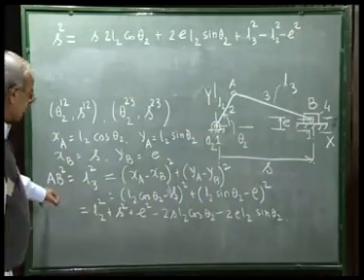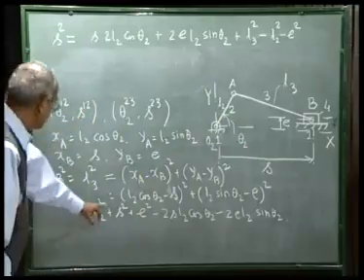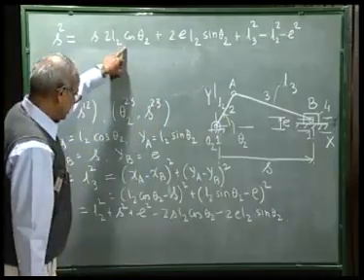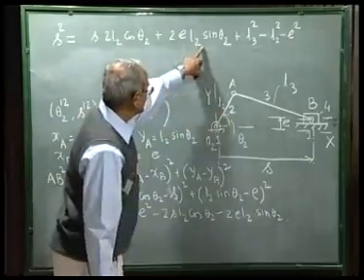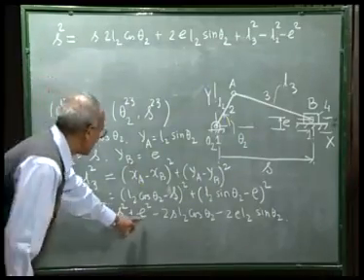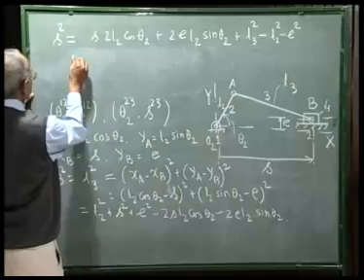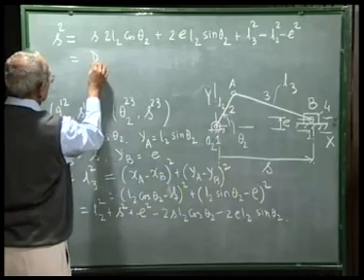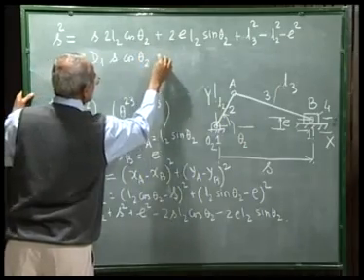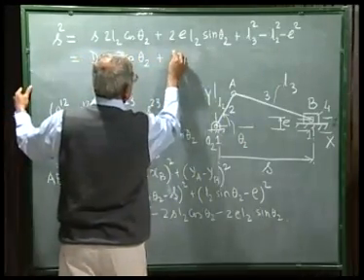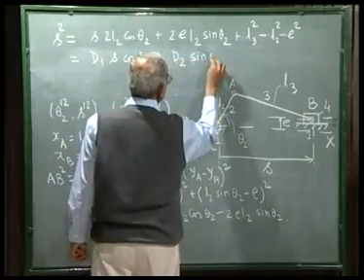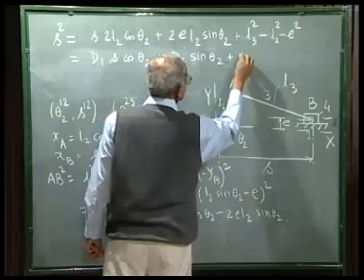Let me now rearrange the terms of this equation in the following manner. We write S squared is equal to twice S L2 cos theta 2 plus twice E L2 sin theta 2 plus L3 squared minus L2 squared minus E squared. So here we write this as d1 S cos theta 2 plus d2 sin theta 2 plus d3.